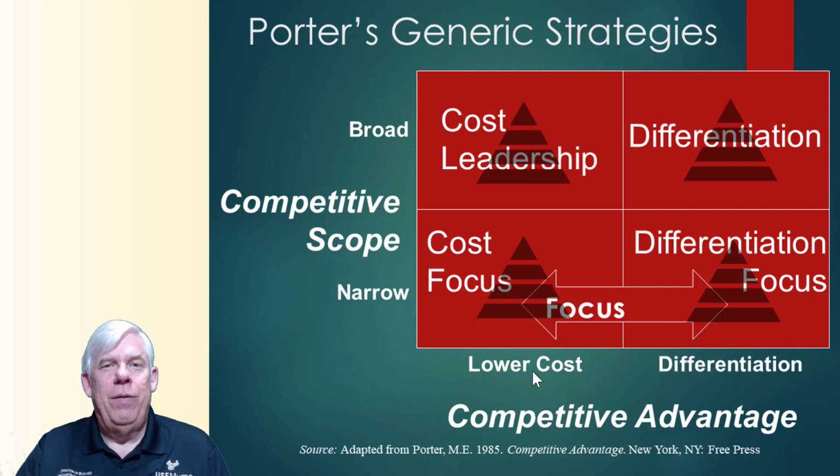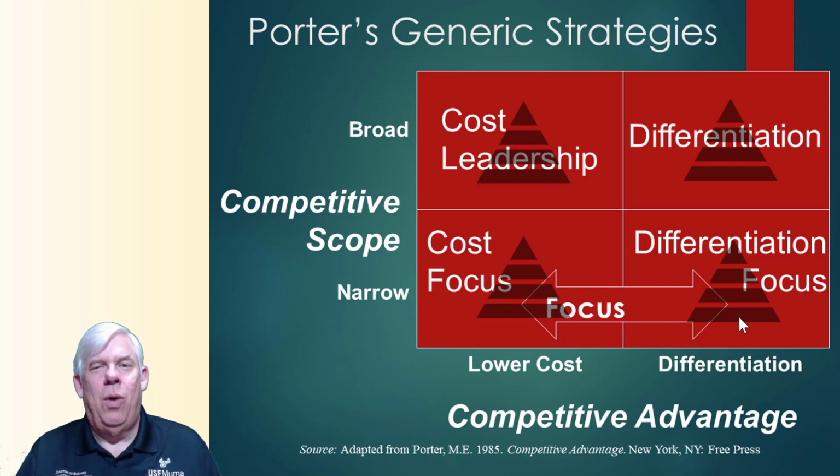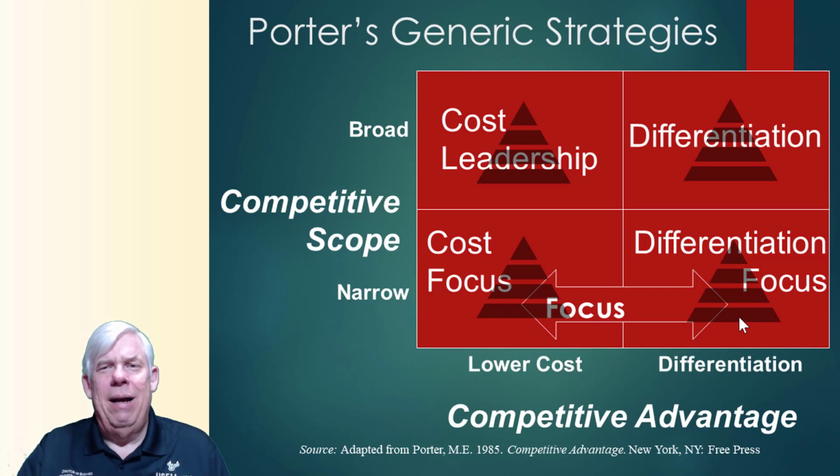So if you've got a broad scope and lower cost, you're in the cost leadership area. If you are a differentiated product and you are narrow in your focus, you have the differentiation focus quadrant. What Porter argues is that you need to choose your quadrant and apply the rules associated with that quadrant.